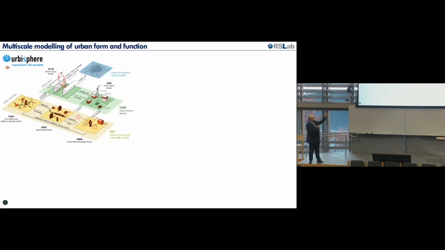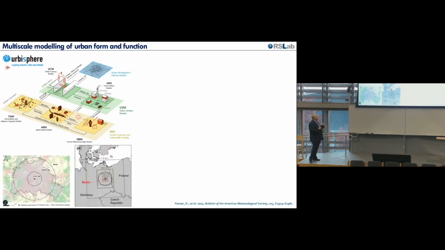I will not focus on the modeling activity because this task is led by the University of Reading, the group of Professor Sue Grimmond, that makes this coupling. But just to mention, we have two-way coupling of these models, so information flows from two directions. The rings help us to identify the different domains of the modeling, and Earth observation to populate the models.